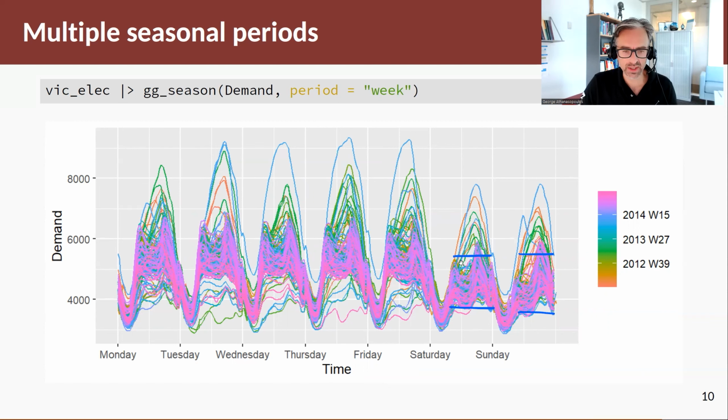we see that there's the seasonal pattern in the weekends is also different from the seasonal pattern on weekdays. So there's a couple of spikes on the weekends, but the first spike is lower than the second spike, especially for Sunday. The first spike is lower than the second spike. So this is the morning spike and the evening spike, if you like.